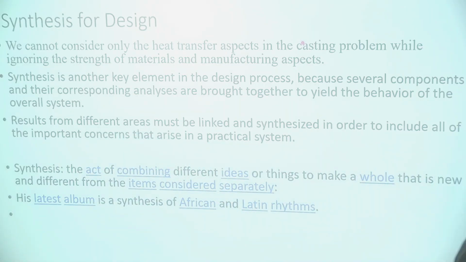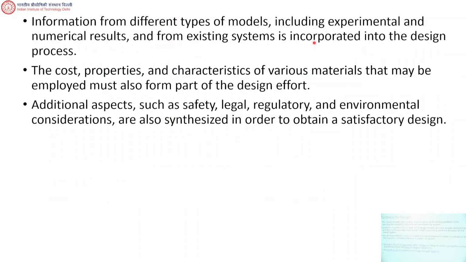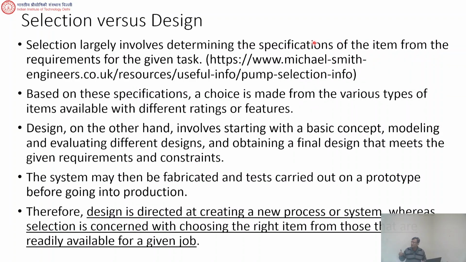So it's 10:55. I think we have to stop here. We will discuss this a little bit more in the next class, and then we also will talk about something called selection. There is a comparison between selection and design. So we'll talk about that tomorrow.